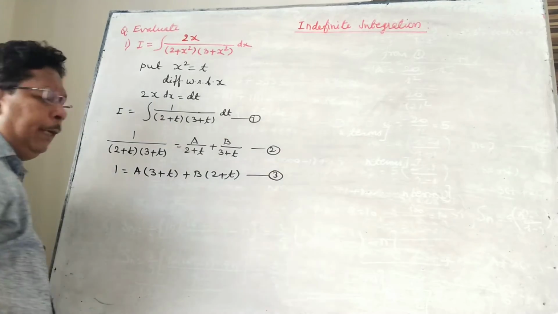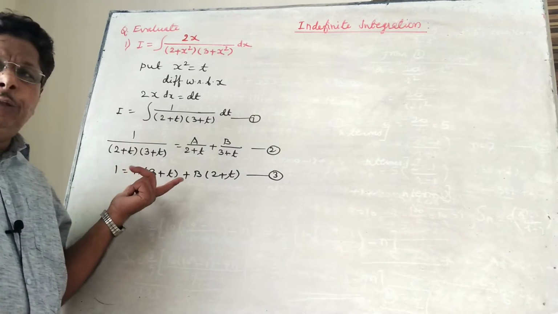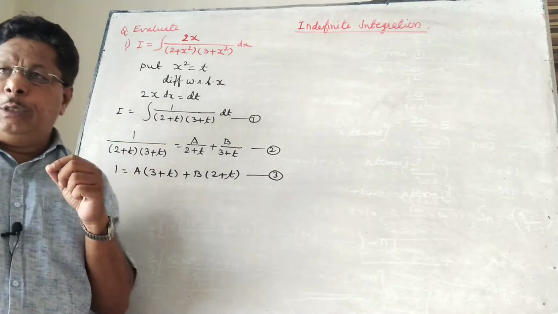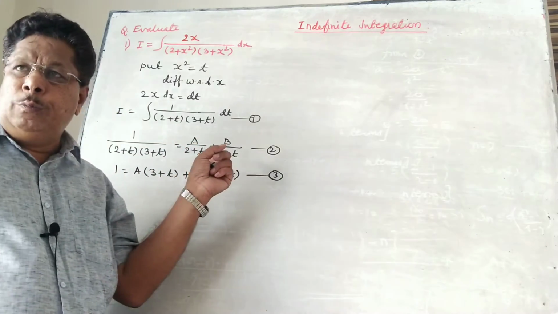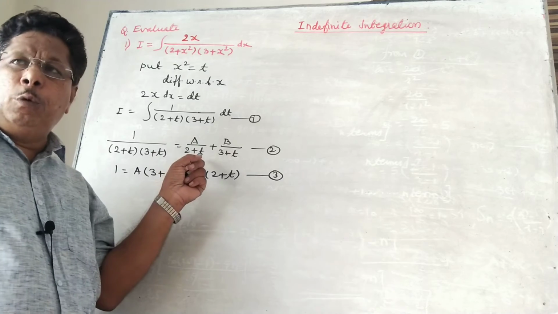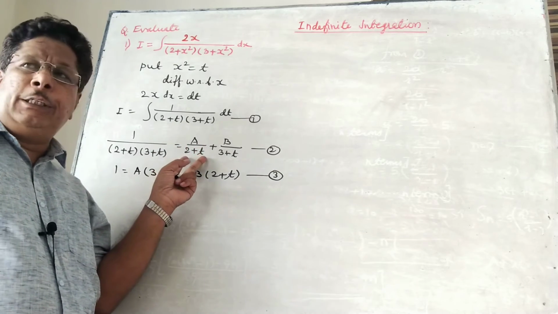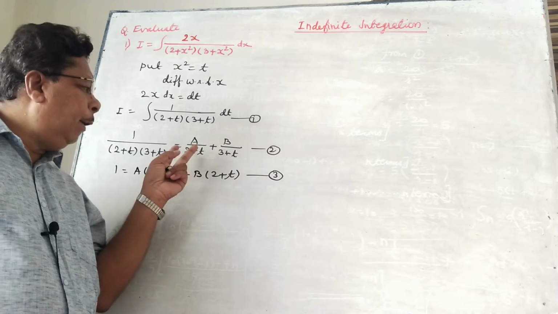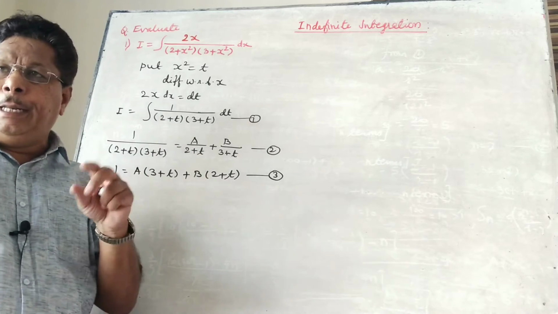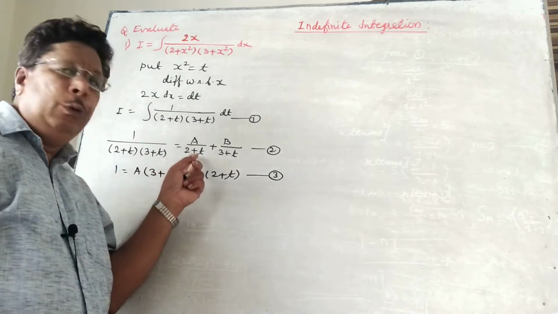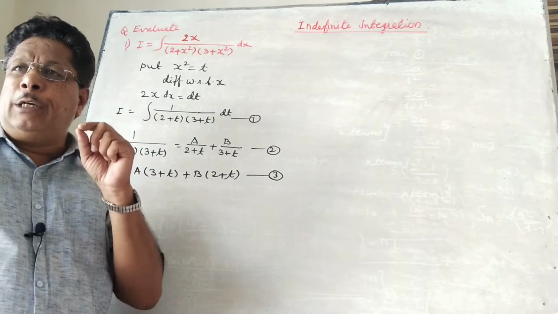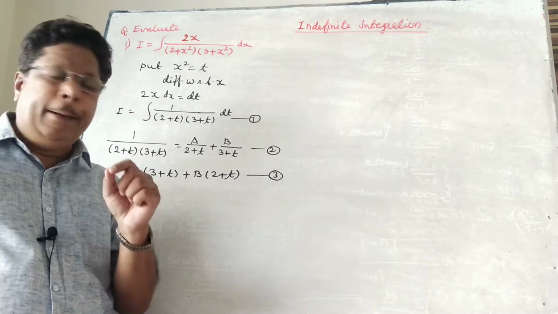Say this equation 3. Now in this equation 3 we have to substitute values. Which values? Observe equation 2. The denominator of a is 2 plus t. So take 2 plus t equal to 0, and you will get t equal to minus 2. With t equal to minus 2 you will get the value of partial fraction constant a.